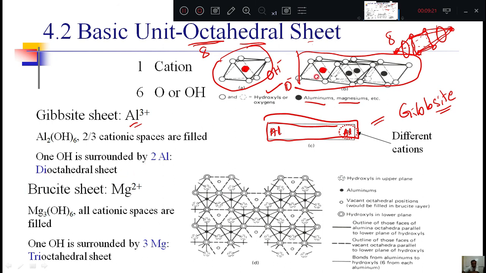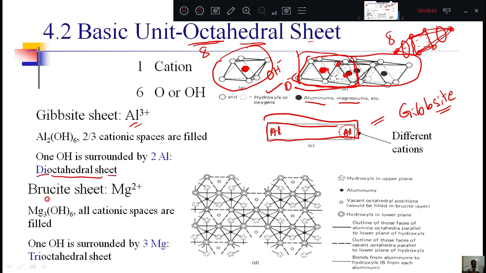If you consider this one OH, then 2 aluminum will be covering it, and in such cases we call it di, meaning 2, octahedral sheet. See this one and this one, di 1, 2, and these are octahedral sheets.